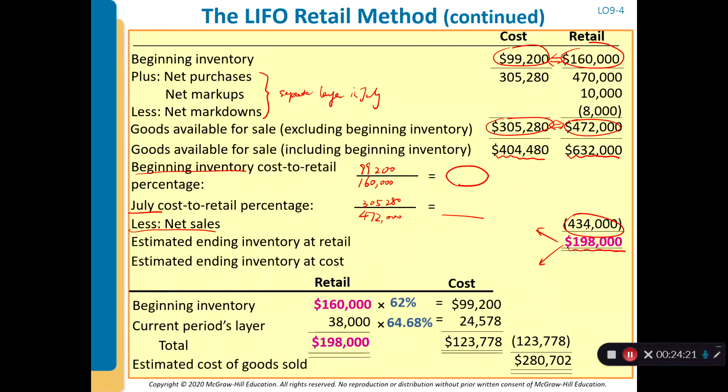First of all, it's bigger than the beginning layer. That means it consists of a beginning layer of 160,000, and it's also adding an extra 38,000.